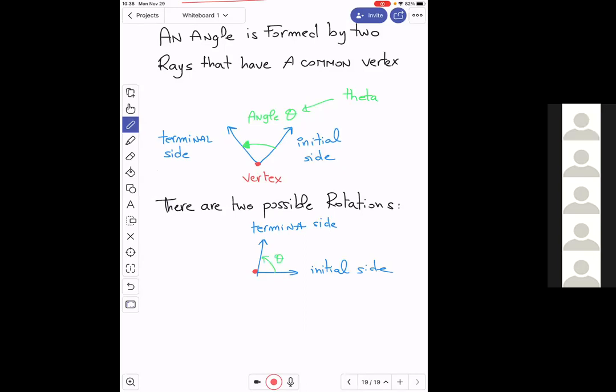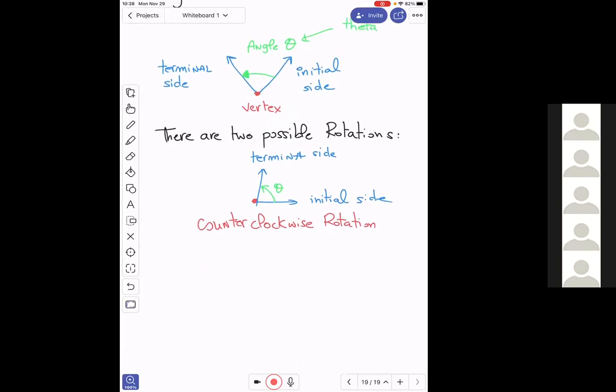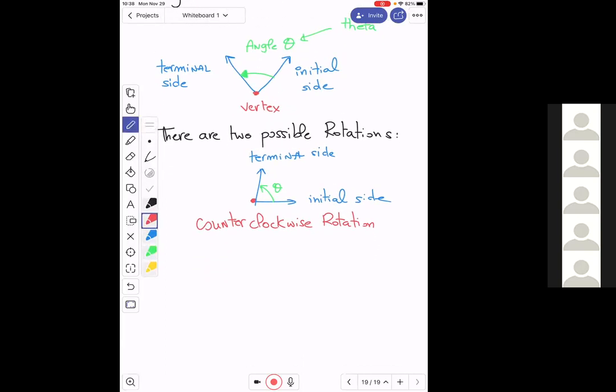So this is a counterclockwise rotation. Now, if you switch the terminal and initial side, again this is the vertex.